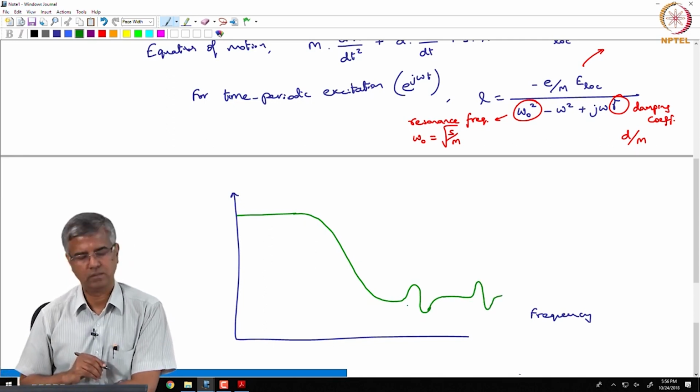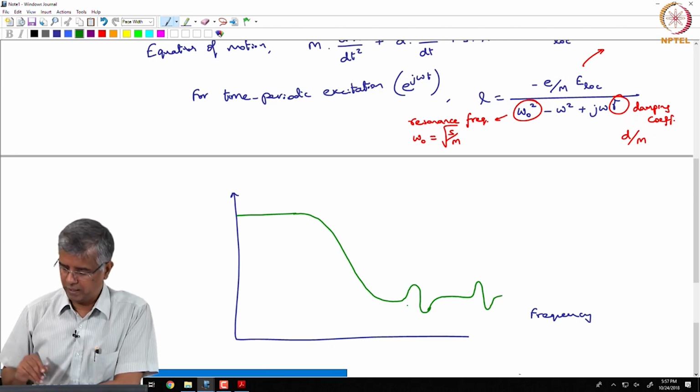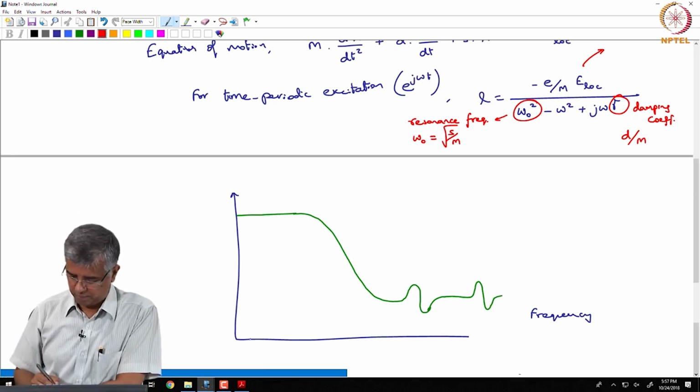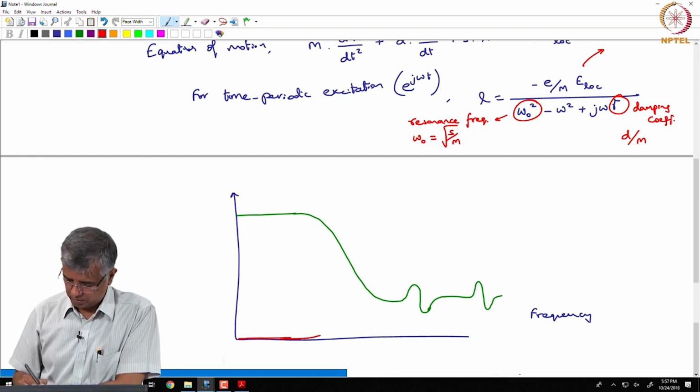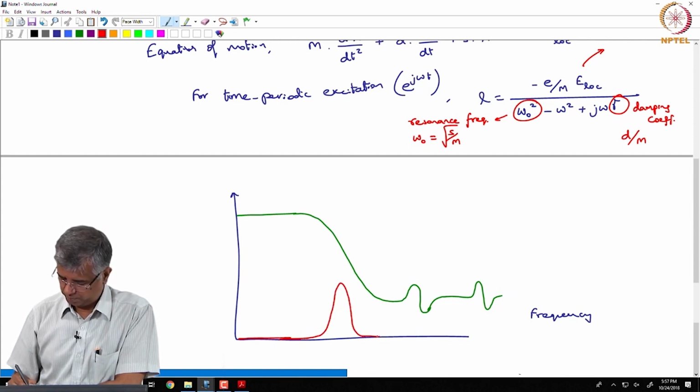And similarly, if I plot my imaginary part, it is going to be like this, and then it is going to go through a peak here, and a peak here, and a peak here.